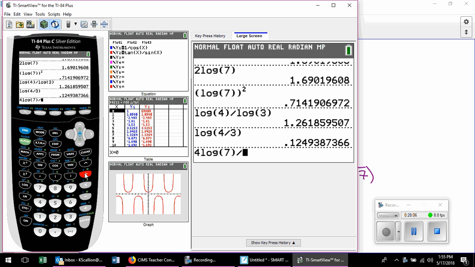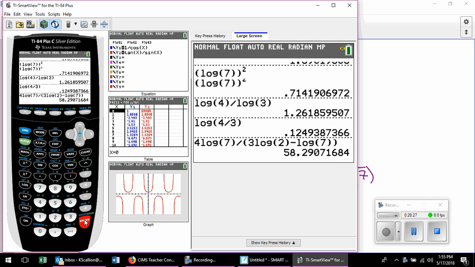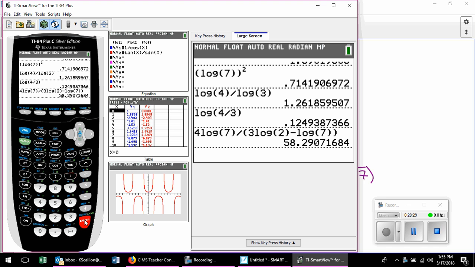Divide by bracket 3 log 2. Close that bracket. Minus log 7. Close that bracket. Close the big bracket. Lots of bracket use there. And that is the correct answer.